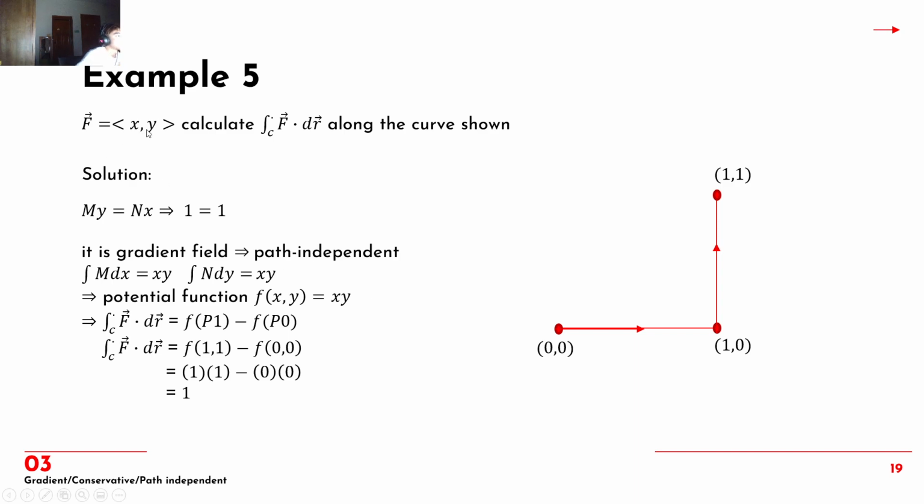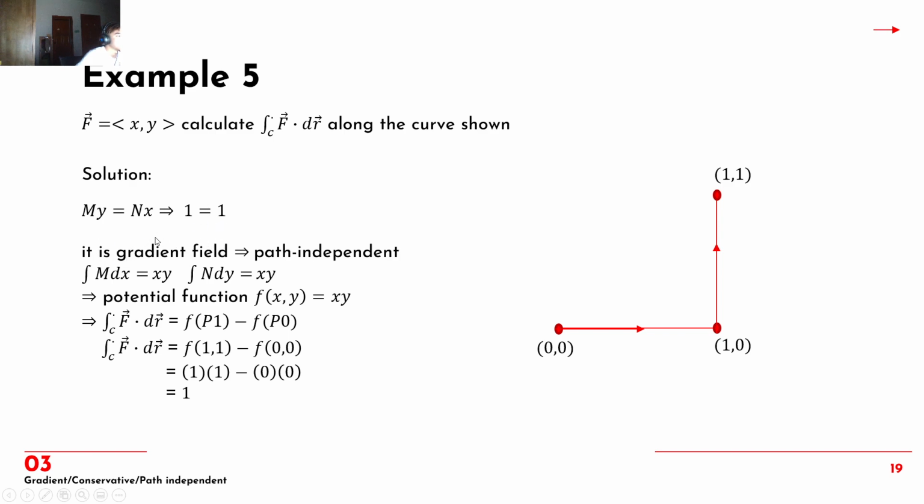Vector f equal to y, x. So calculate the integration along the curve shown, from 0, 0 to 1, 0 and 1, 1. So we check if this vector field is a gradient field or not. We just need to differentiate the x component with respect to y and the y component with respect to x, we got 1 equal to 1, so that means they are equal to each other.